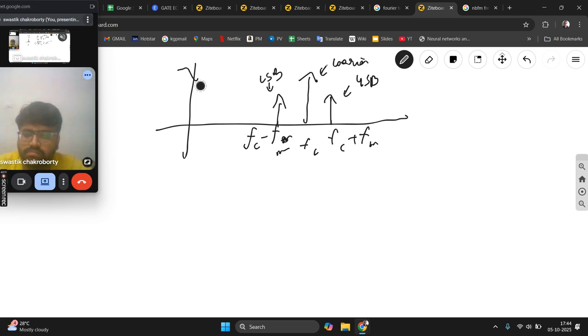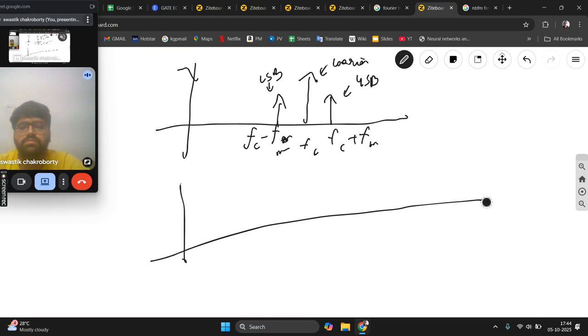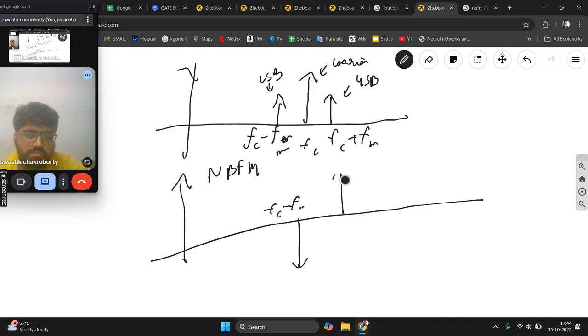Now we will shift our focus to NBFM. If you work out the frequency domain representation of a narrowband frequency modulation, it has one at fc minus fm, and then there is a carrier, and then there is fc plus fm.